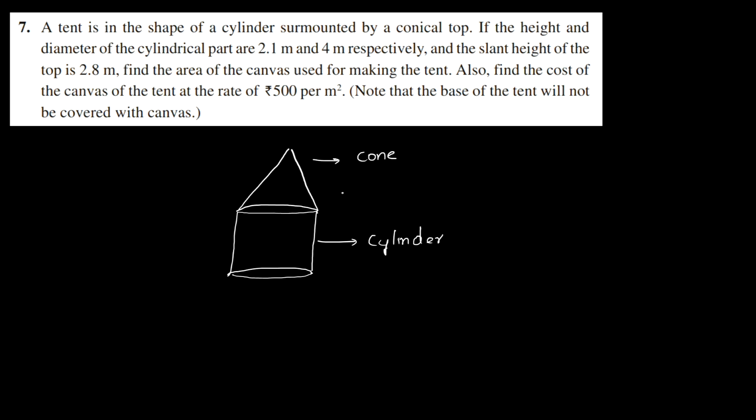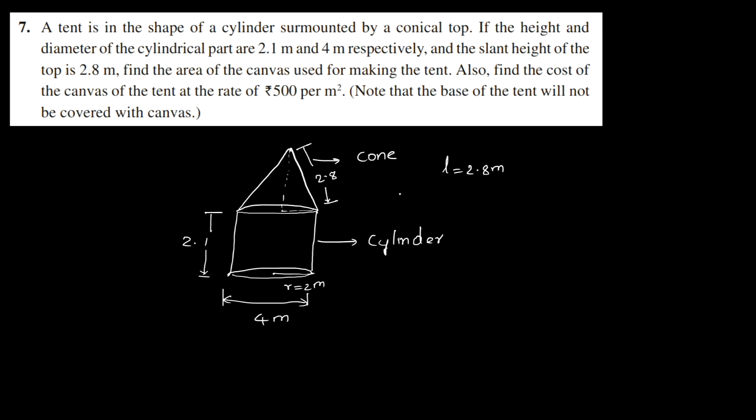The height of the cylindrical part is given as 2.1 and the diameter is given as 4 meters. Diameter is 4, then radius would obviously be 2 meters. The slant height of the top is 2.8 meters. Slant height means l is equal to 2.8 meters.